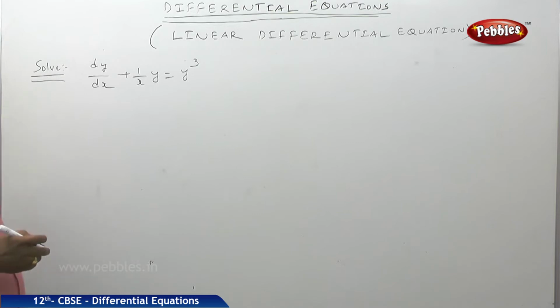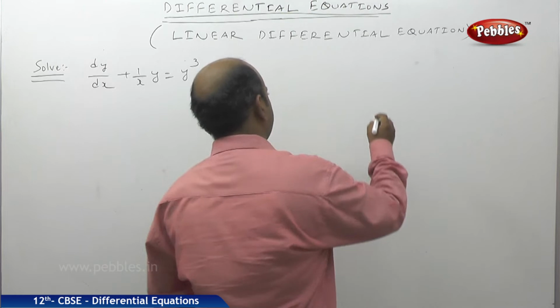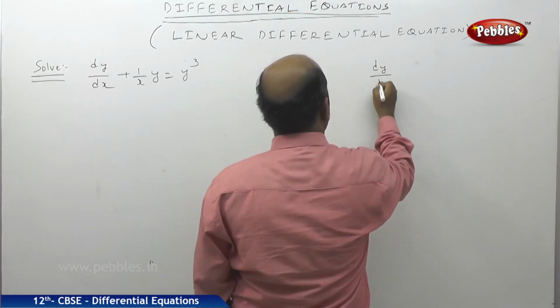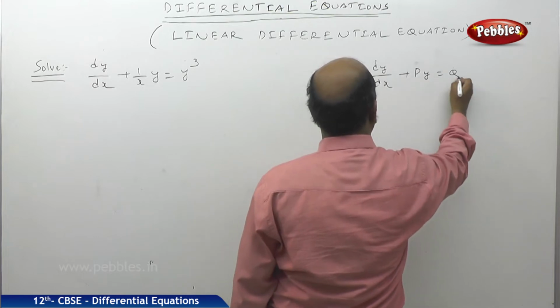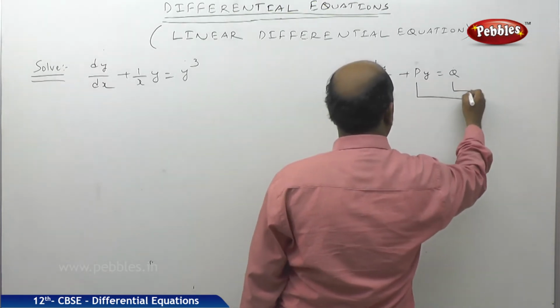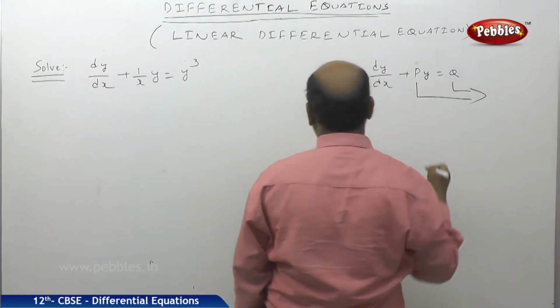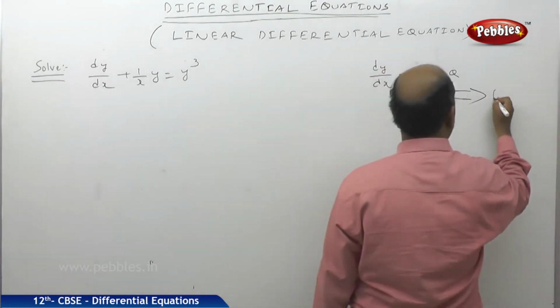In continuation with our previous class, we are going to solve a topic called linear differential equation. A problem is given to us: dy by dx plus 1 by x into y is equal to y cube. Generally, a linear differential equation will be of the form dy by dx plus py is equal to q, where p and q are functions of x alone.